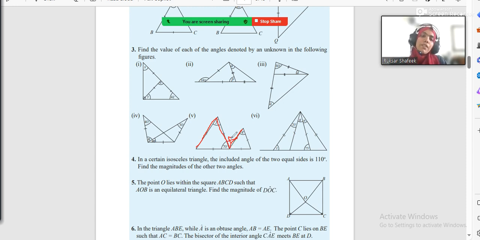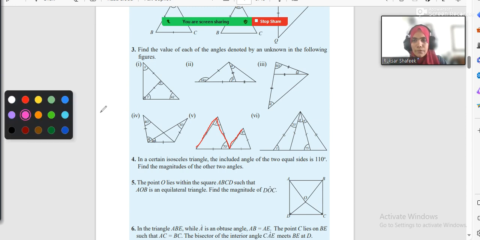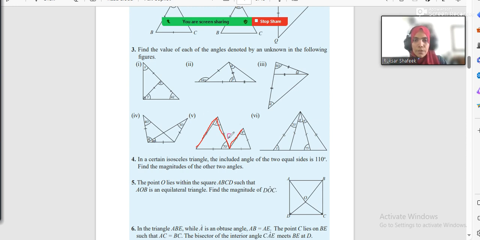So if 70 plus F, and we already marked that this is going to be E, let me just make it a little bit clear. So this is going to be F, and this is going to be E. So if I have to mark these data, it's angles on a straight line. So angles on a straight line, 70 plus F, which was 55, plus E is equal to 180, right?